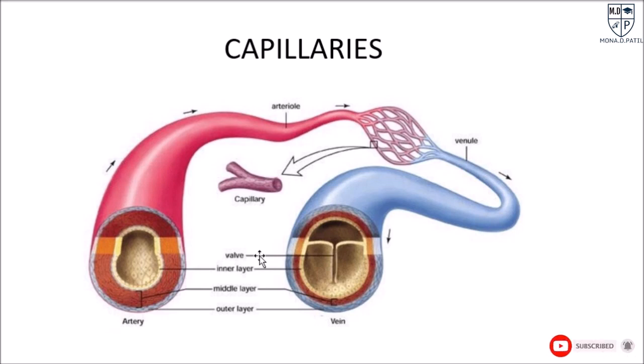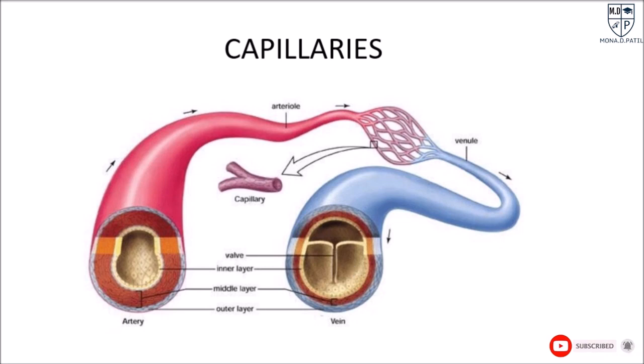Most of the veins are superficially located in the body. Their walls are thin and they are provided with valves. So veins have valves and arteries don't. For what purpose? The main function of valves is to give one direction to the flow of blood.